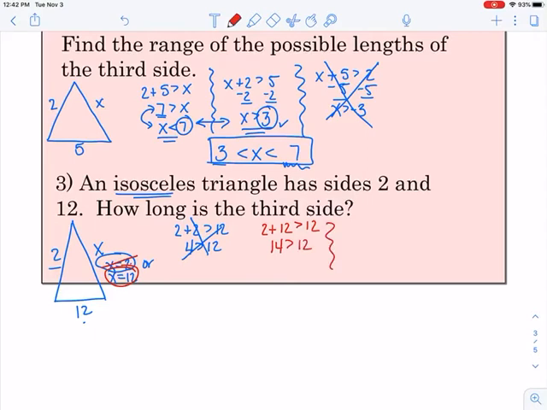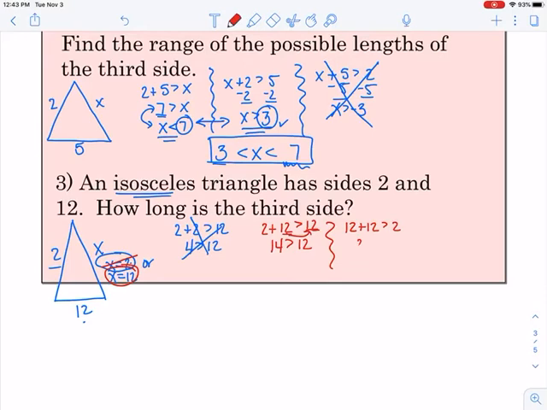There's really only two inequalities here because it doesn't matter if I interchange the 12 and that 12, it's still going to be the same thing. So the only other thing I can have on the right-hand side would be the 2. If I do 12 plus 12, that has to be greater than 2, and 24 is greater than 2. So yep, 12 is your only option there. Because it's isosceles, you had to choose between it being either 2 or 12, and then we just had to make sure which inequality worked.